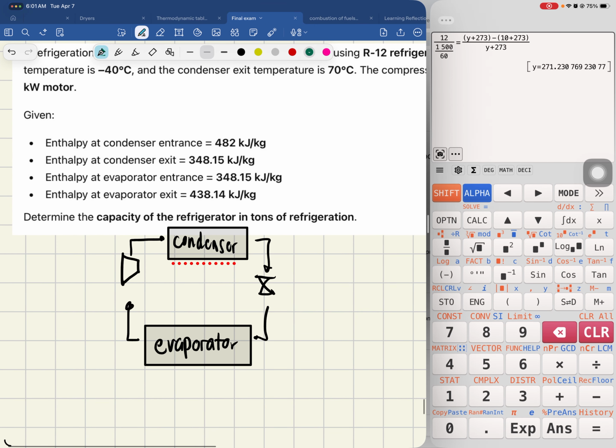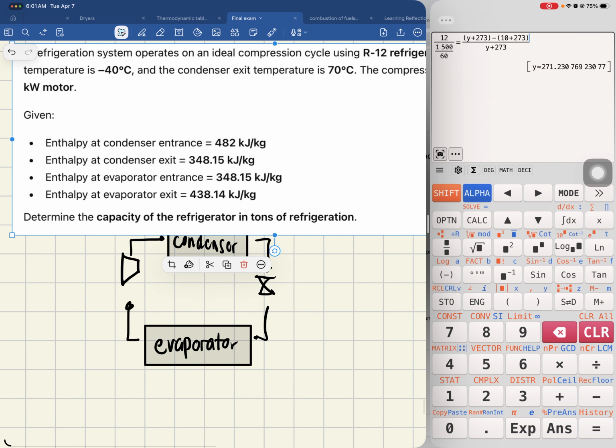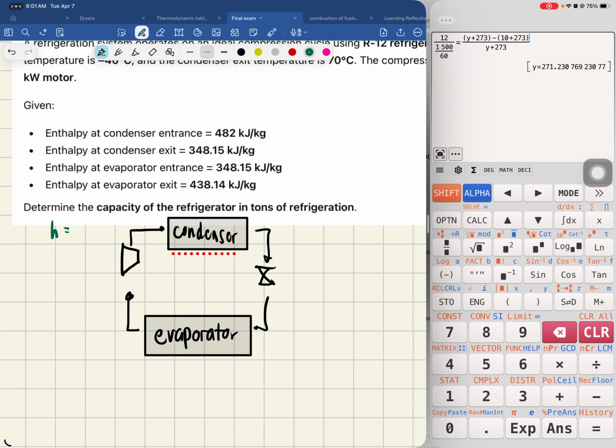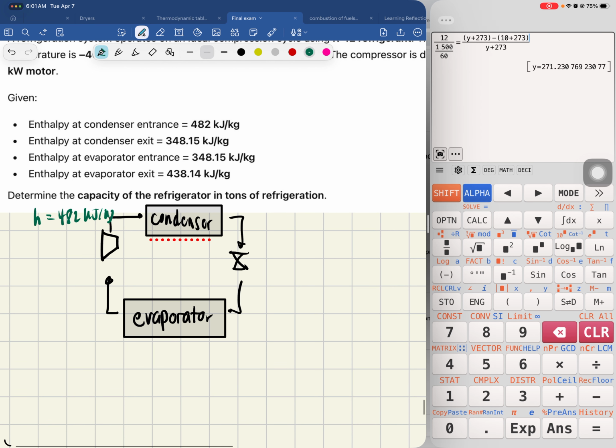Enthalpy at condenser entrance, let it be H2, 482 kilojoules per kilogram. Condenser exit, you have H3, 38.15 kilojoules per kilogram.